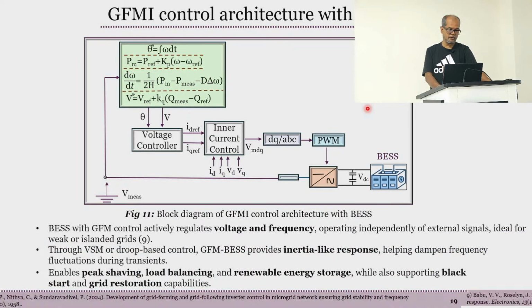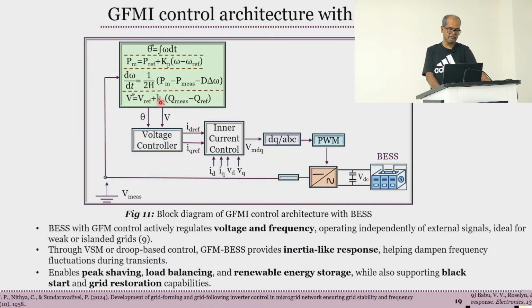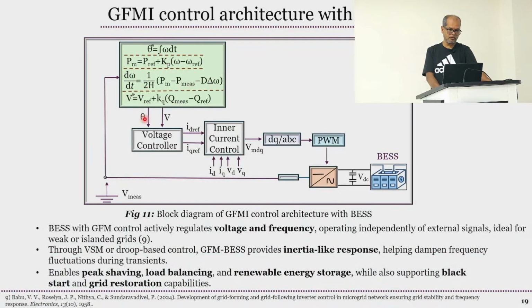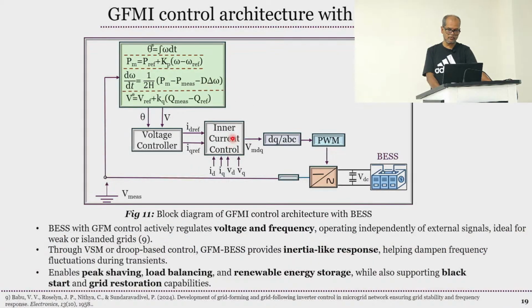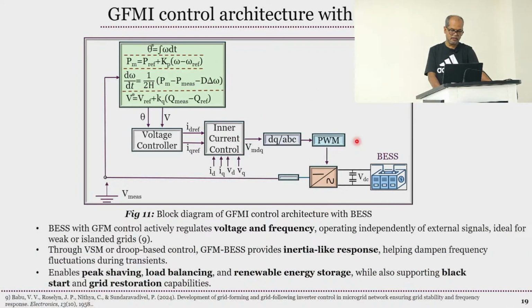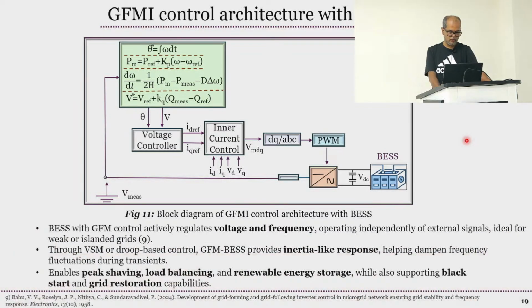You see this is again the swing equation. From that we get theta and v, which produce the reference for the inner control loop, and then through PWM we apply it to the inverter to generate whatever voltage and frequency we want.